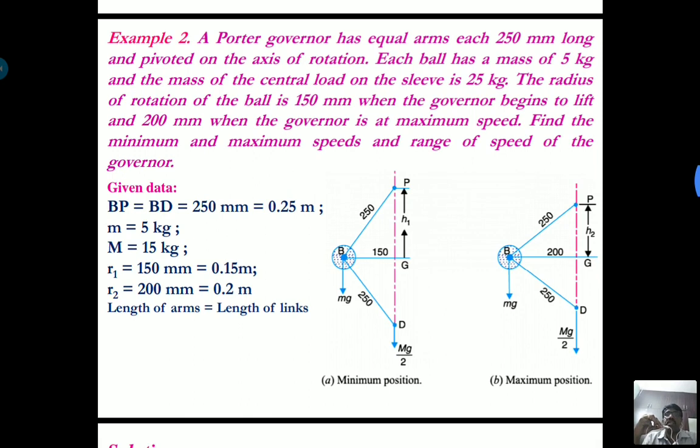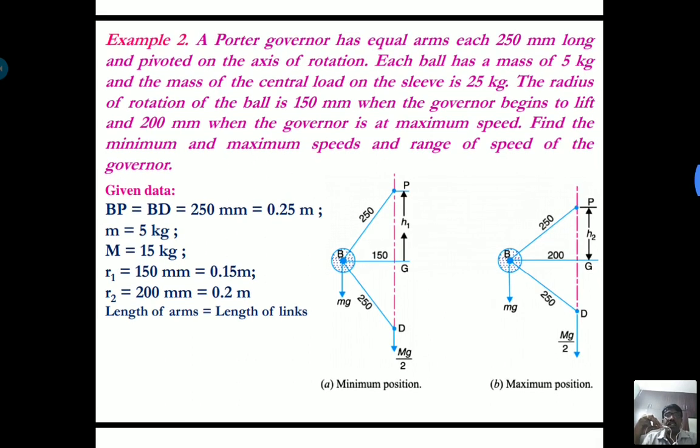Now we can solve an example problem related to the Porter governor. The Porter governor has equal arms of length 250 mm and pivoted on the axis of rotation. Each ball has a mass of 5 kg and the mass of the central load on the sleeve is 25 kg.